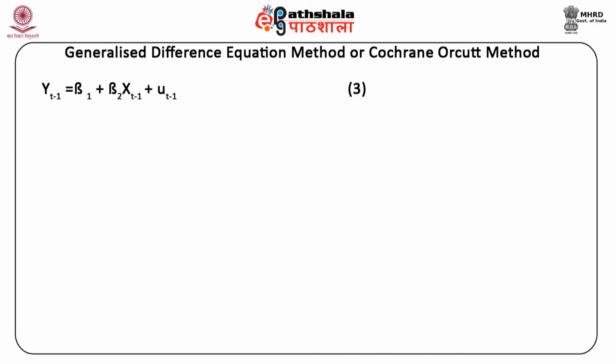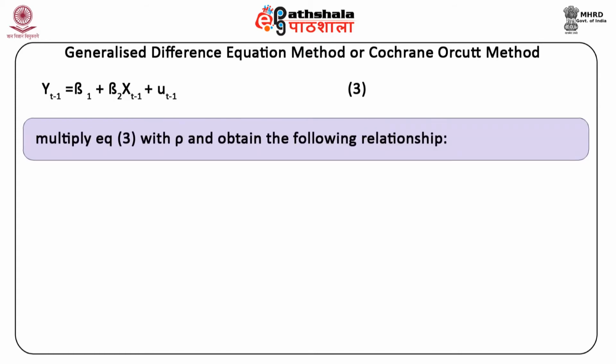We can write this as our third equation, where the t subscript is changed to t minus 1. We can multiply equation 3 with rho and obtain rho yt minus 1 is equal to rho beta 1 plus rho beta 2 xt minus 1 plus rho ut minus 1. This is equation 4.